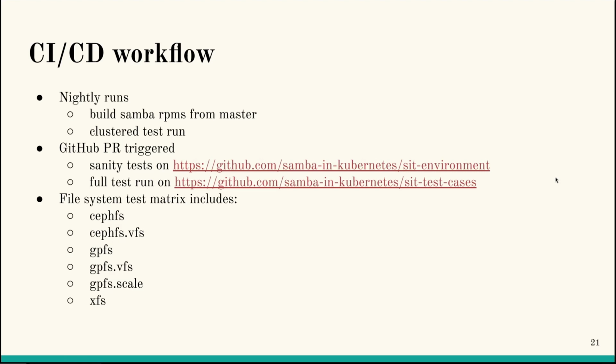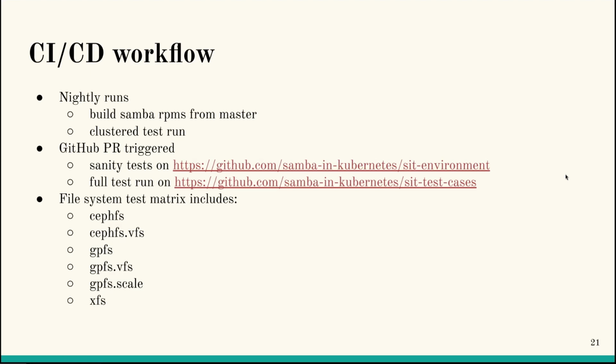The GitHub PRs to the SIT environment or SIT test cases repositories are also configured so that any pull request to the SIT environment will trigger a sanity test. Any pull request to the SIT test cases repository will trigger a full test run.